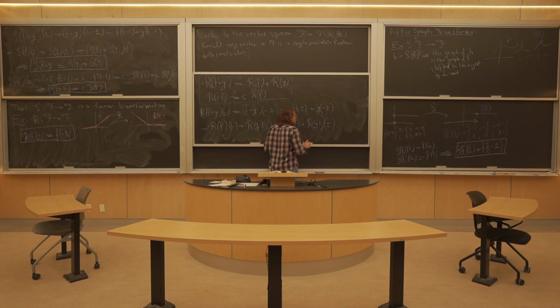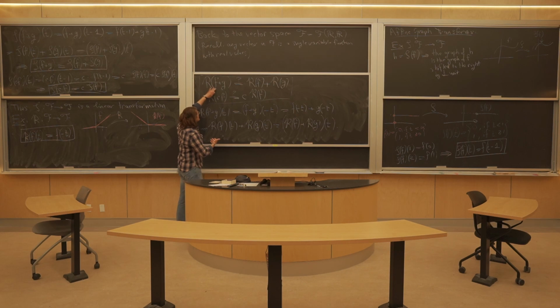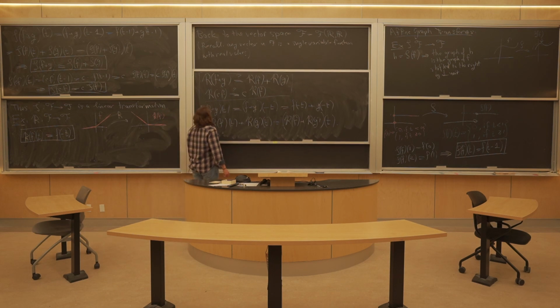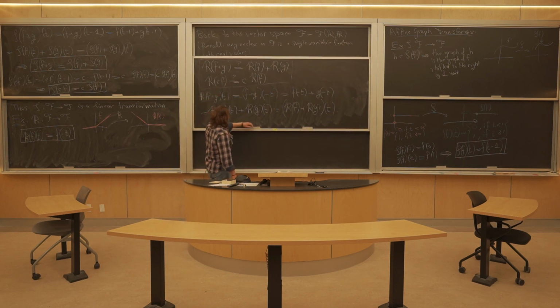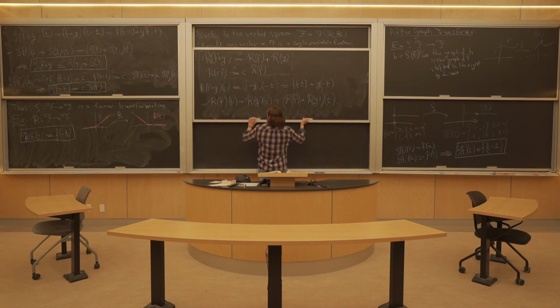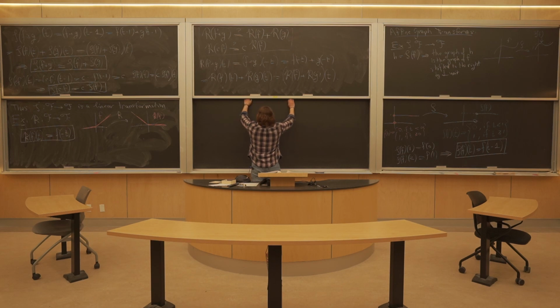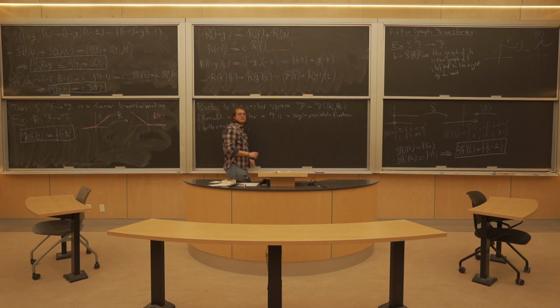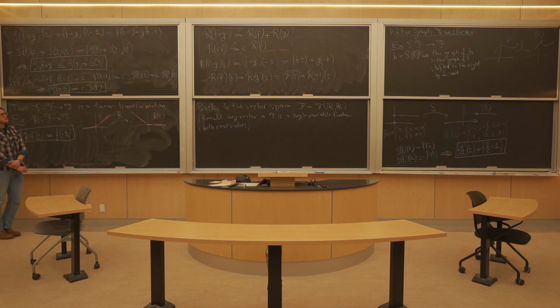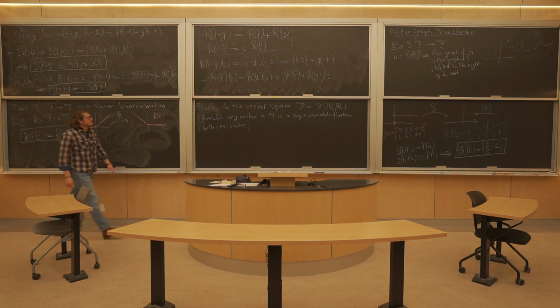This is nothing but saying that this function is the same function as this function. Okay? And the verification of the second one is very similar to that. So I'm just going to skip that. Any questions about this? Okay.